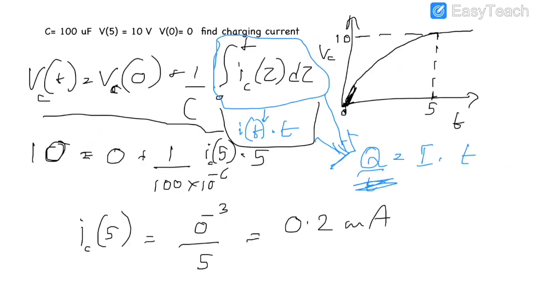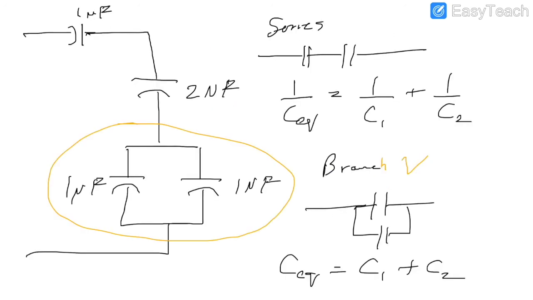And yes, this is the way the voltage changes with current or with time, and because the voltage is changing, there's going to be a current. And lastly, the rules for finding the equivalent capacitance. If they're in series, you follow the same rule that you would follow if resistances are in parallel. And if they're in branches, you just add the capacitances together.